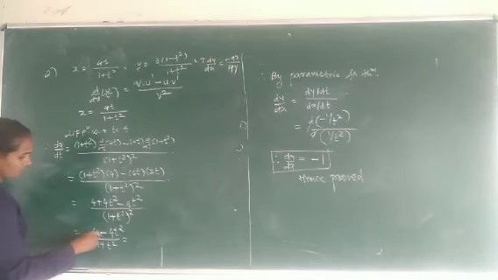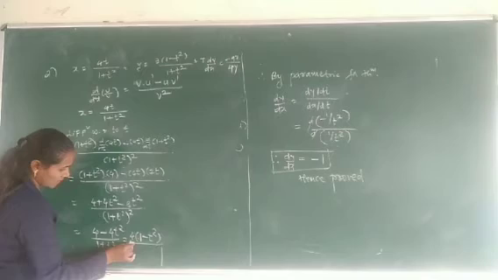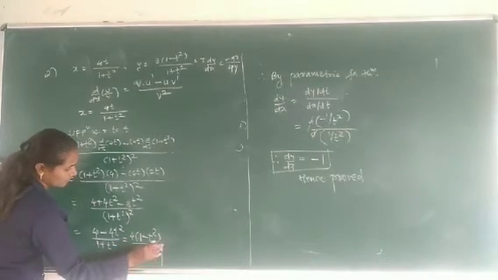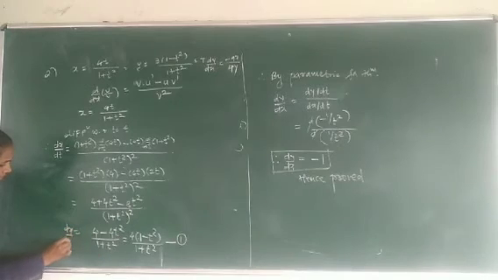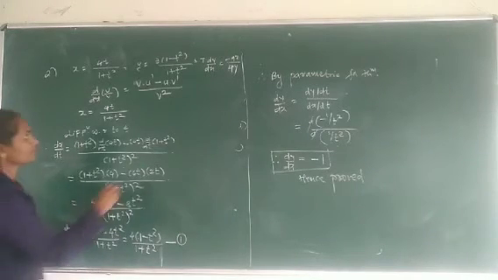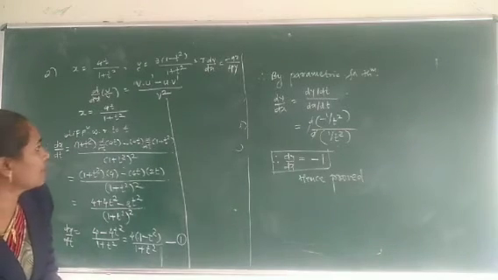So we take 4 common from this. So in the bracket we get 1 minus t square upon 1 plus t square squared, and write this as equation number 1, dx upon dt. Now we have to find the value of dy upon dt.